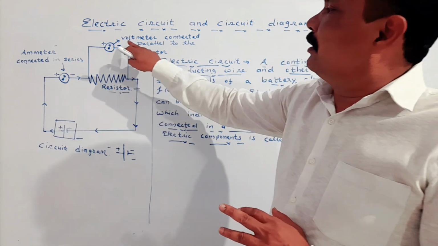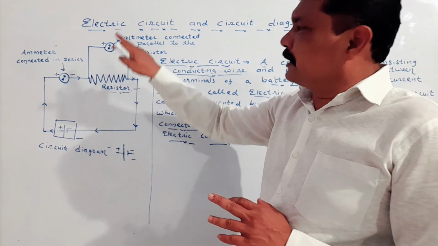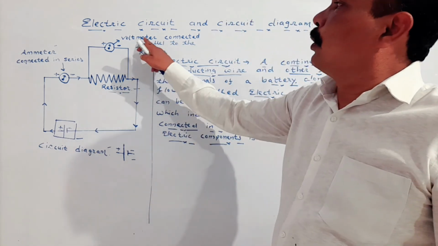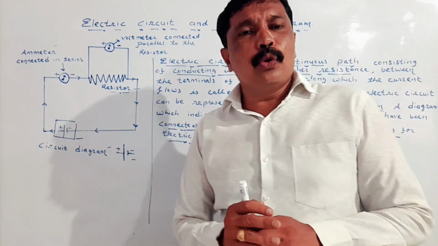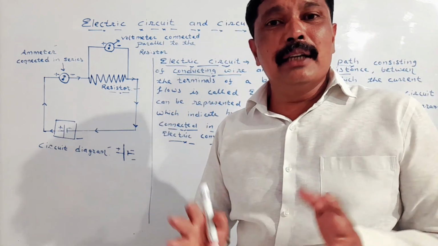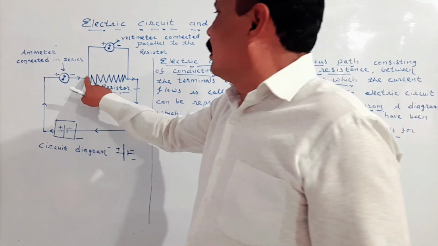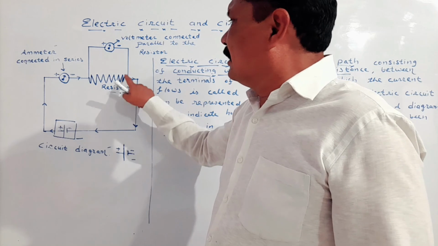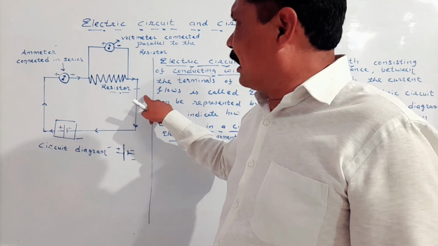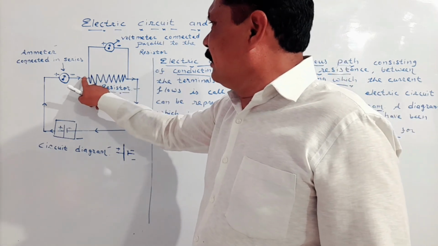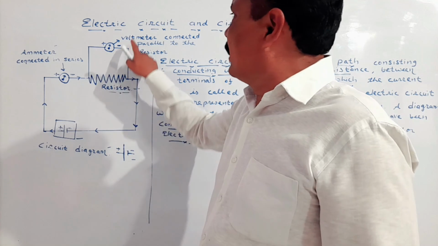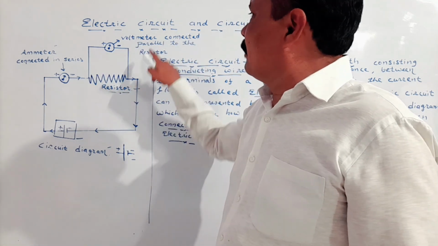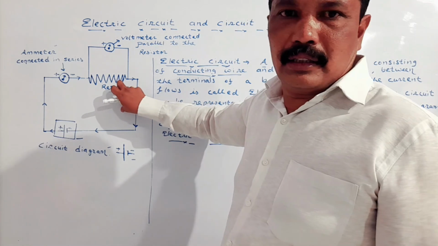Then the next device which is connected to the circuit diagram is voltmeter. We use voltmeter to measure the potential difference across the resistors. The resistor is shown by zigzag line in the diagram, and the potential difference across these resistors is measured by voltmeter, and voltmeter is always connected parallel to the resistor.